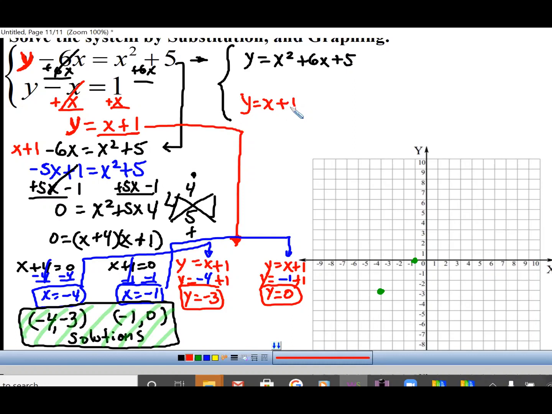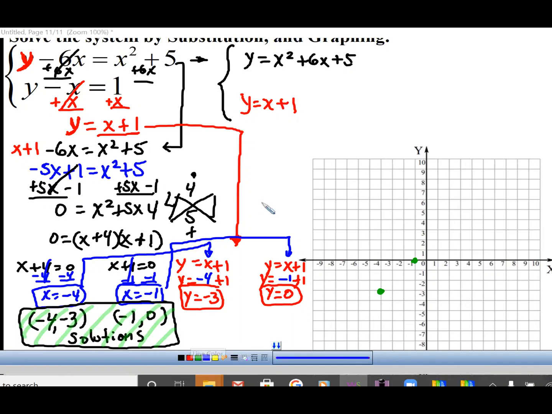Okay, so which method are we using? We're graphing. Okay, so question, do we know how to graph this linear equation right here? Yeah, where do we start? Very good.